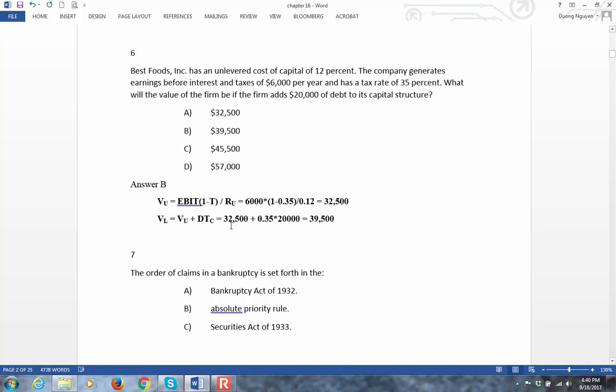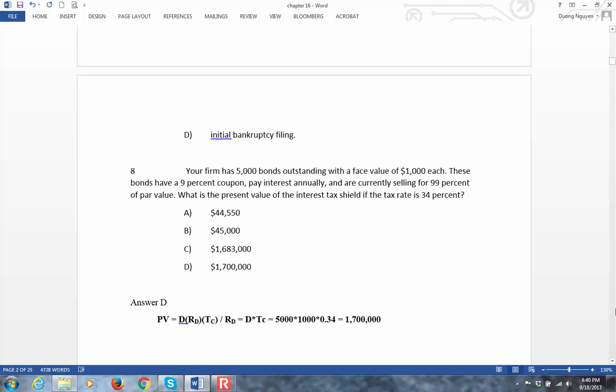So it is equal to 32,500 plus 0.35 tax rate times 20,000, which is the amount of borrowing. So the new value of the firm is 39,500.